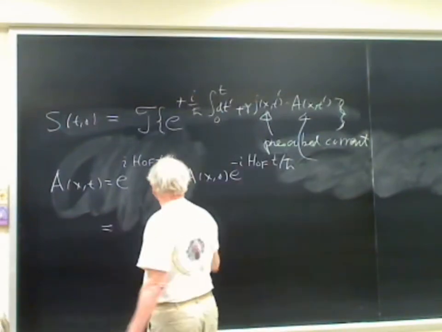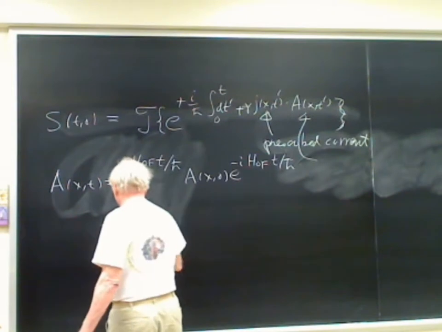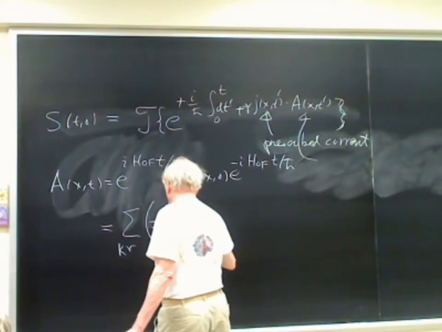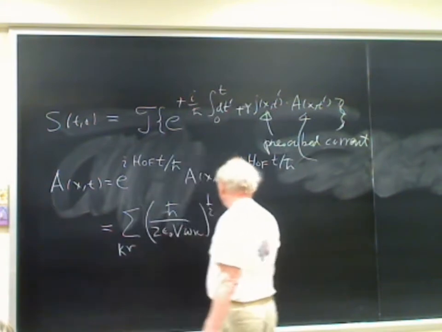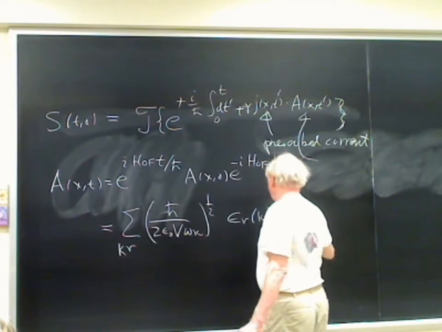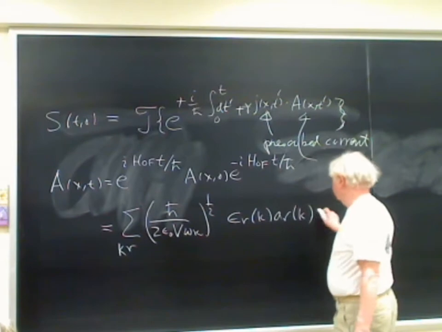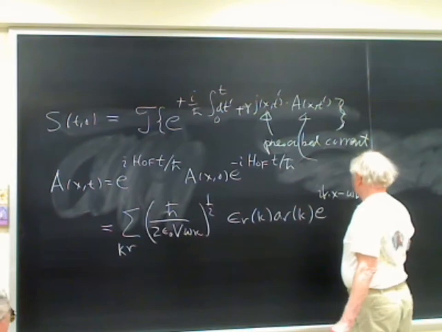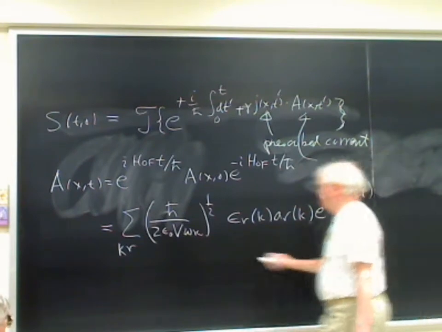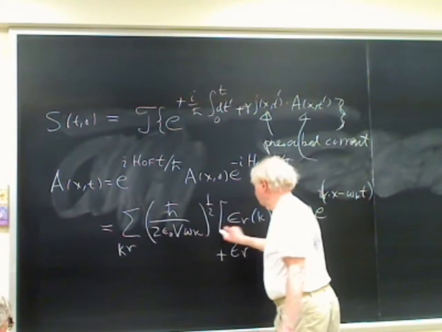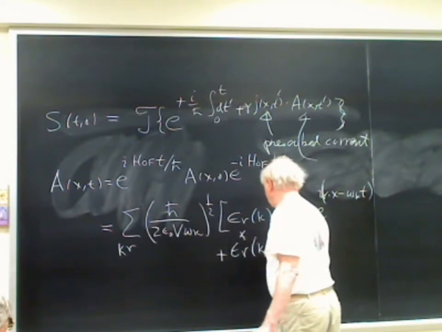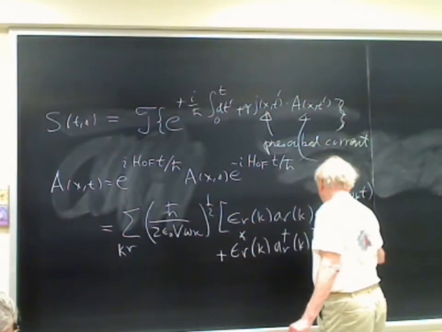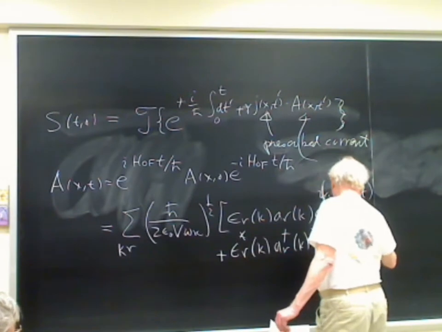And what that means is that this field is the sum over polarizations and wave vectors of h bar over 2 epsilon 0 V omega k to the 1/2, epsilon r of k, a sub r of k, and now it's e to the i k dot x minus omega k t, plus epsilon r star of k, a sub r adjoint of k, e to the minus i k dot x minus omega k t.